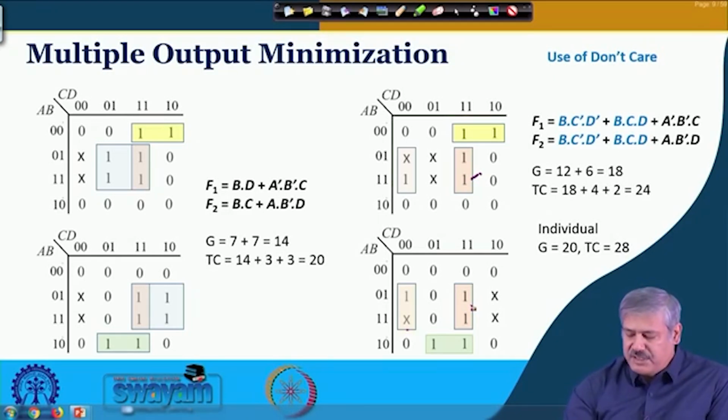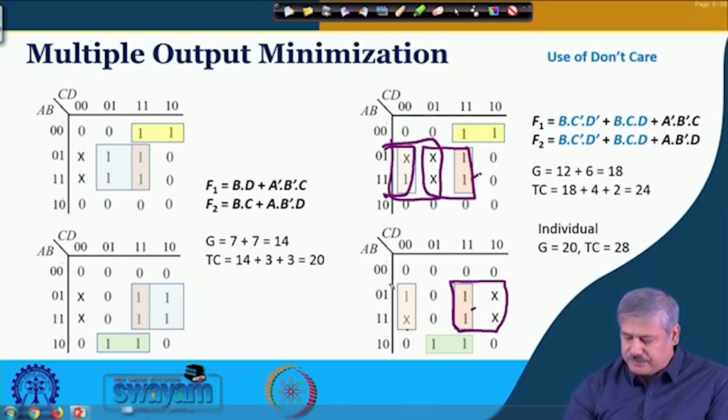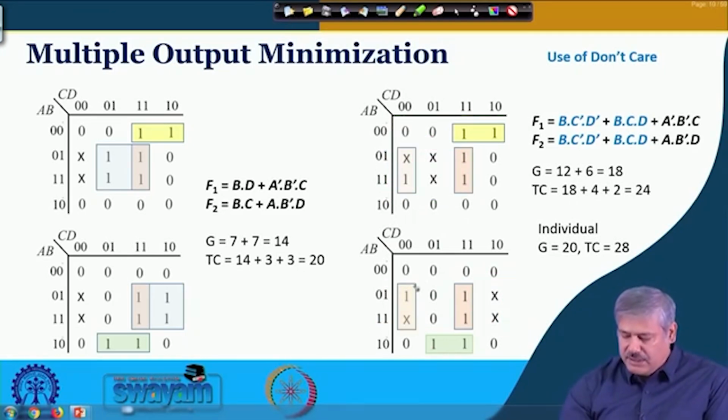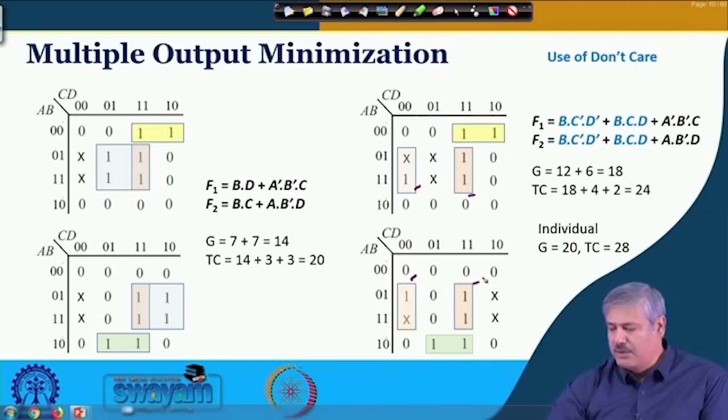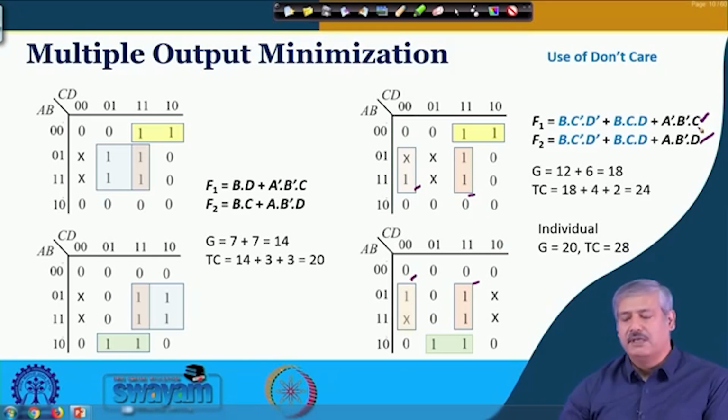Compared to individual minimization, the way we would have done in this case, and over here to cover all these ones, if you weigh that realization of these two which is shared, and these two which is shared in this manner, you will find that the relative cost comes to, in the first place, 18 gate input cost, and total cost is 24, and if you try it individually, it will go to a larger value of 20 and 28.